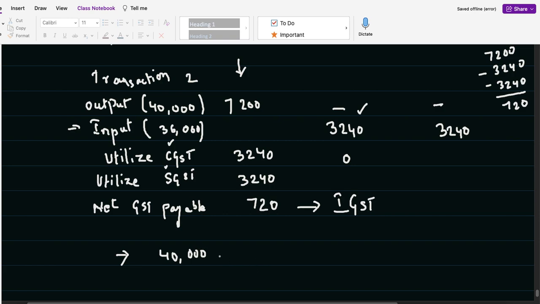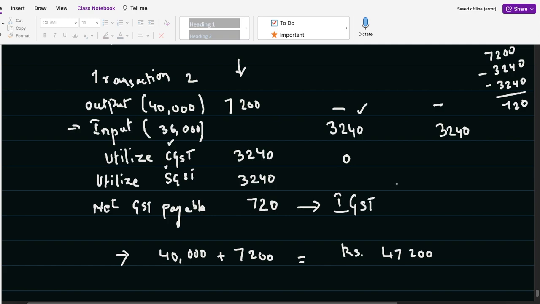It will be 7,200. We know that, we just saw. And so the consumer is paying rupees 47,200 to dealer 2. 47,200 is the final price.